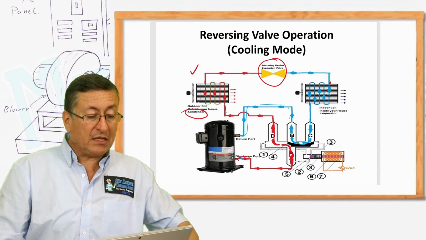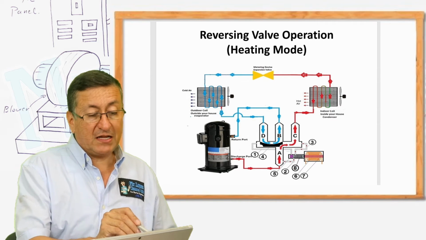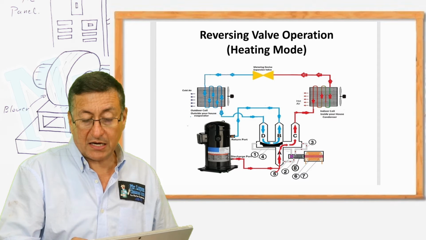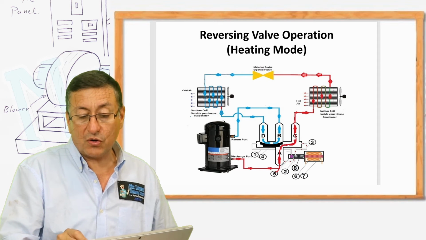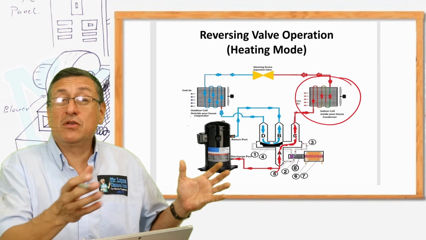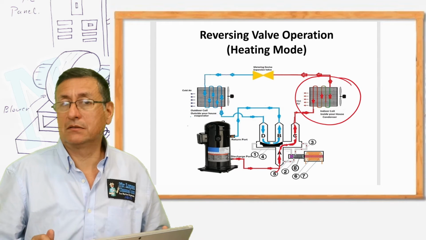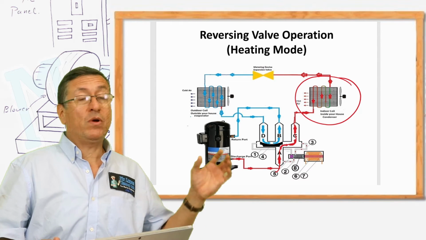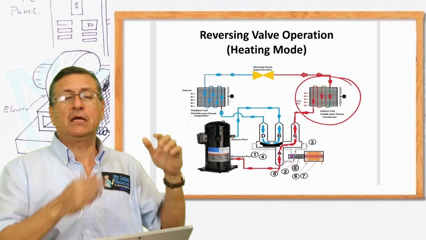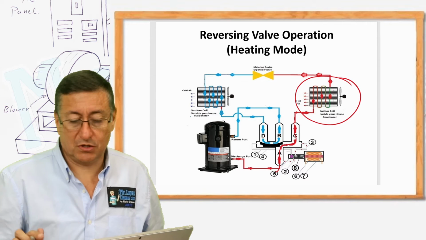And what about the heating mode? In the heating mode, the refrigerant is going directly into the indoor coil. This is the indoor coil. In other words, the evaporator that you have inside your home is, in that moment, working like a condenser. And when the fan passes the ambient air through the coil, on the other side is hot air. That's the heating mode.